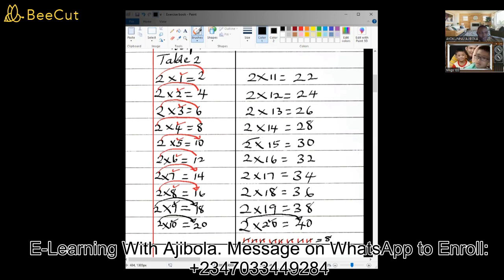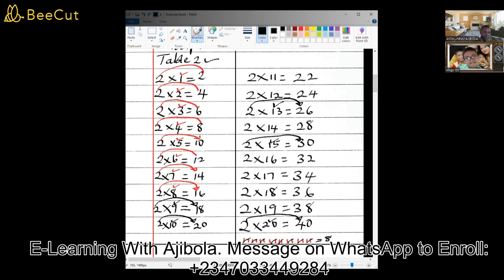How many 2 is in 30? 15. Good. How many 2 is in 26? 13. Good. Do you understand it now? You remember under table 2, you were adding 2 to the answers. Under table 3, what will you be adding to the answer? 3. Is that clear?